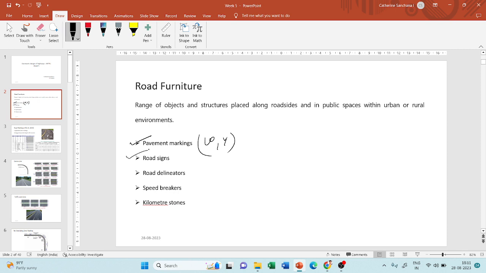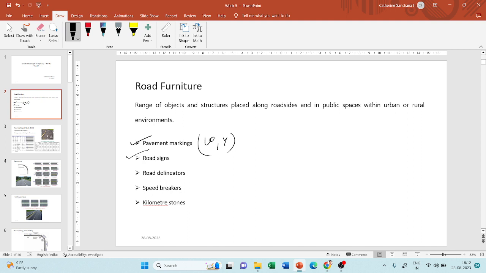Then the road signs, which you see alongside the roadway, give you information, or ask you to follow a particular rule, or say the speed limit of the road, or tell you the direction or the distance to a particular place.